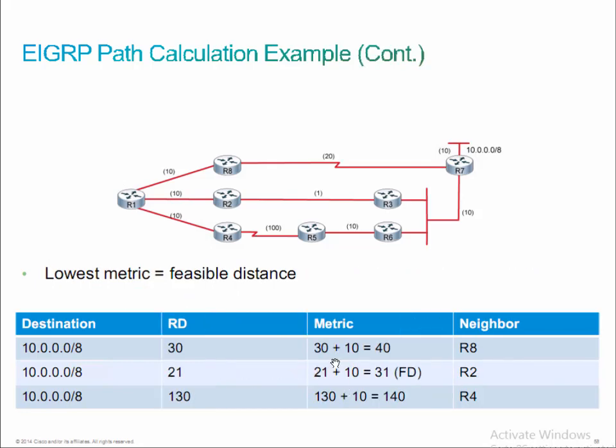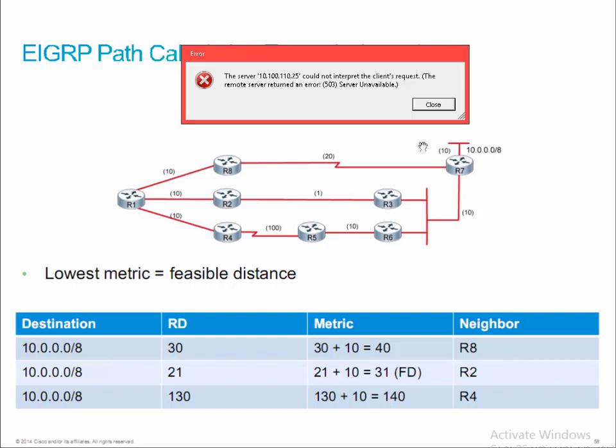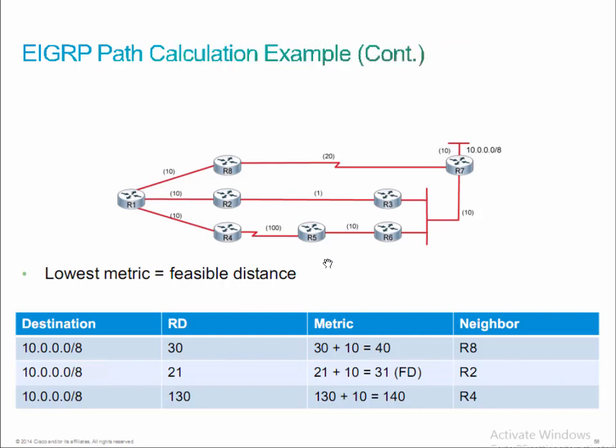So we know that the successor path in this case is whichever path has the lowest feasible distance, which is this middle path through R2. Question: do either of these other paths qualify as a feasible successor?